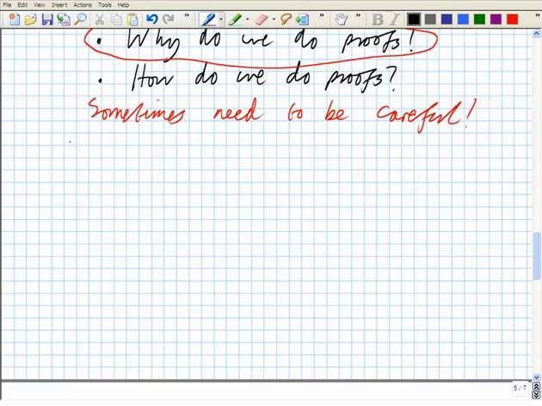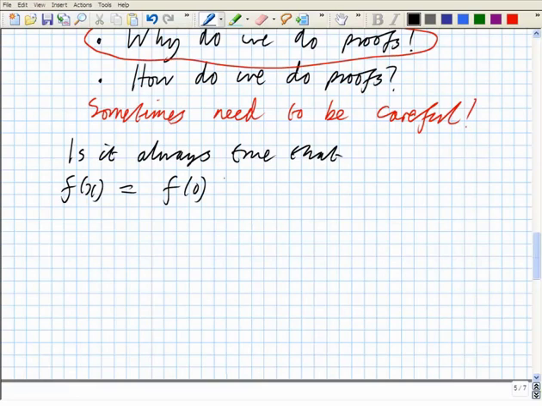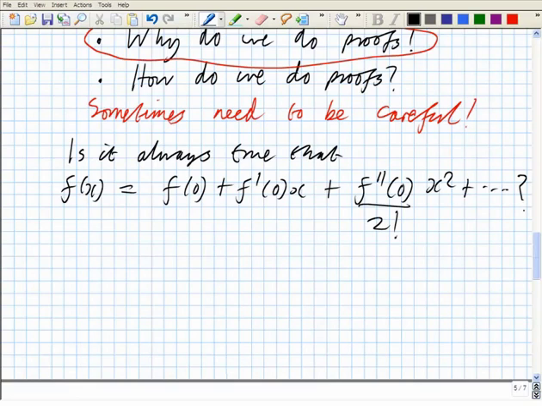And the question is, when is it true, or is it always true, that you can write f of x as equal to f of 0 plus f prime of 0 times x plus f double prime of 0 times x squared over 2 factorial, and so on.